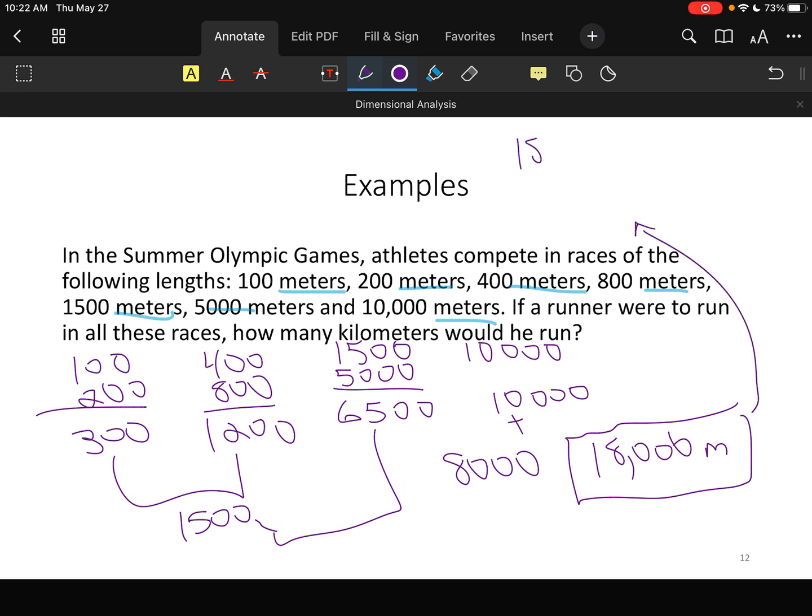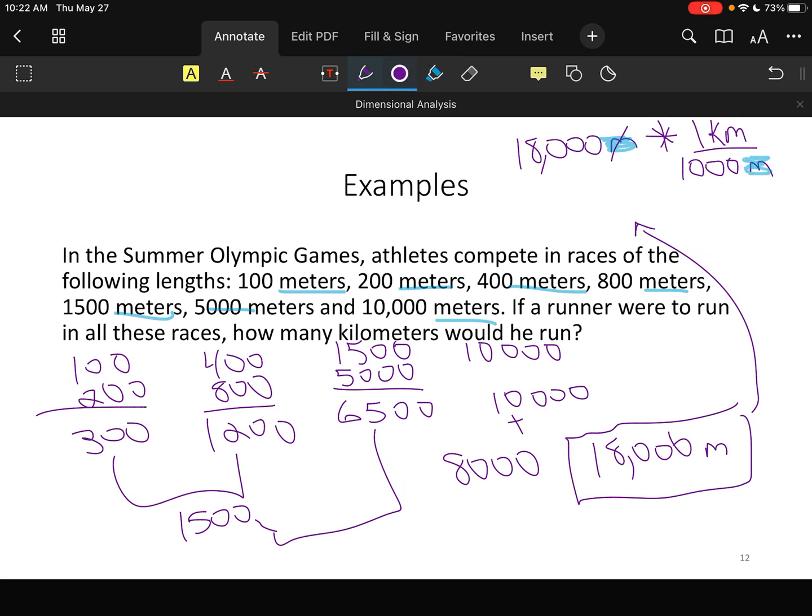You take your 18,000 meters. You're going to use your conversion factor. Well, I know that one kilometer, now some people say kilometer, some people say kilometer, is 1,000 meters. Again, the units I want to cancel should be on the diagonal.